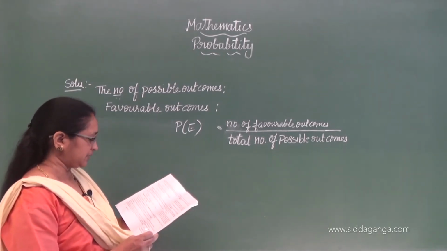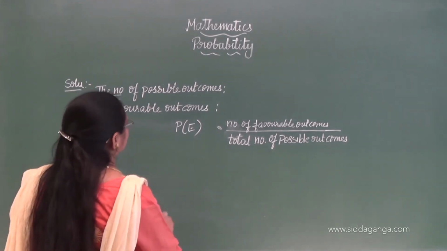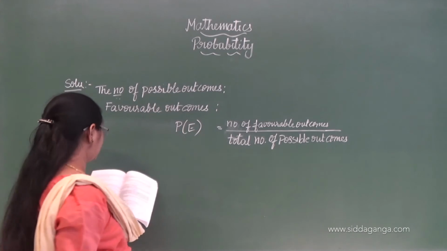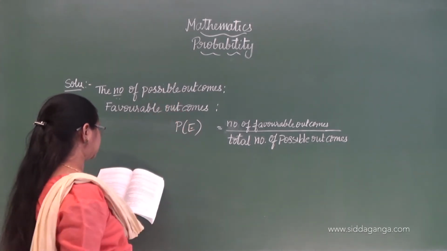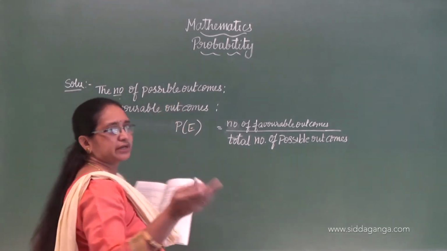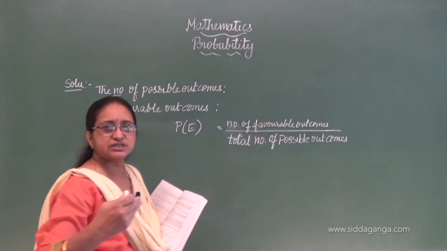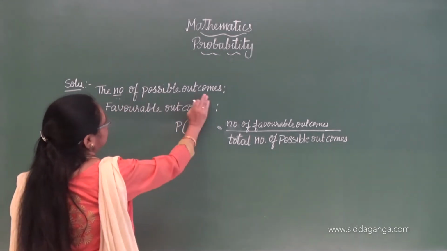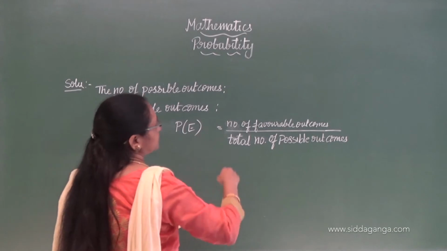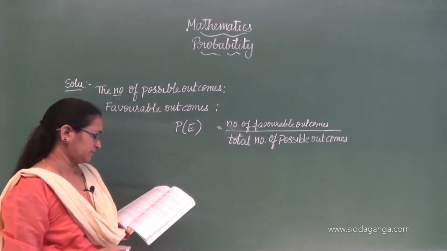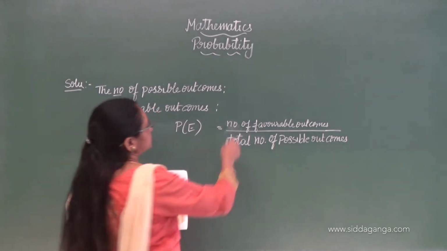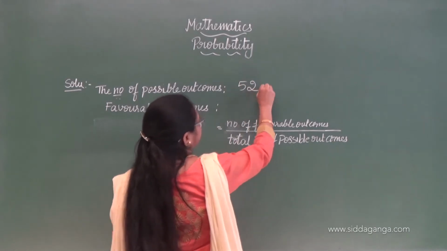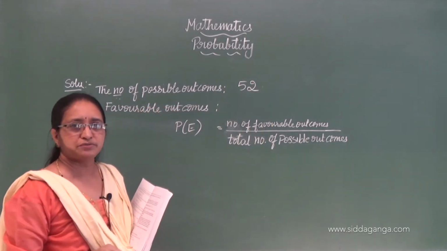So we'll write the probability. Number of possible outcomes, since it is ready here, I'll just fill that. But you have to write. For each and every problem, please write this. Number of possible outcomes. How many cards are there? 52. So you have to write that.